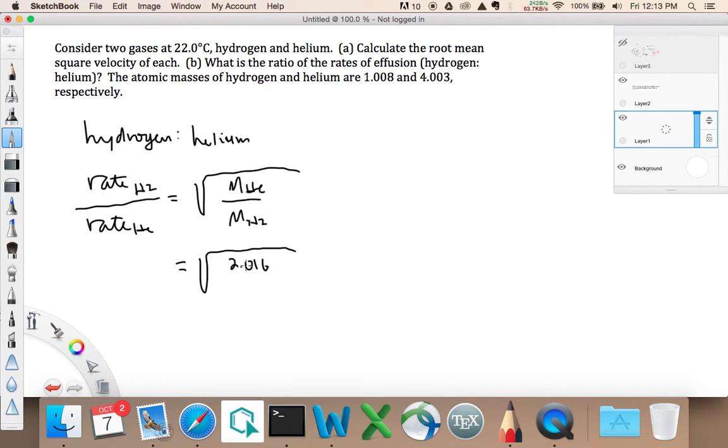Oh, wait. No, helium was on top. So it's 4.003 over 2.016, which comes out to be 1.409.